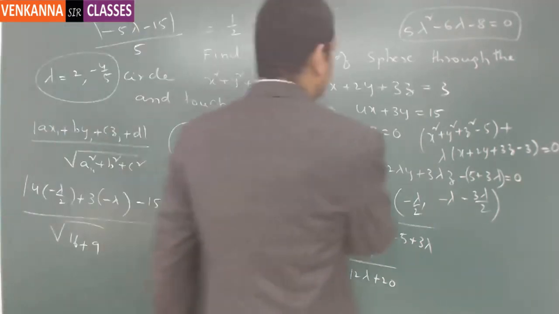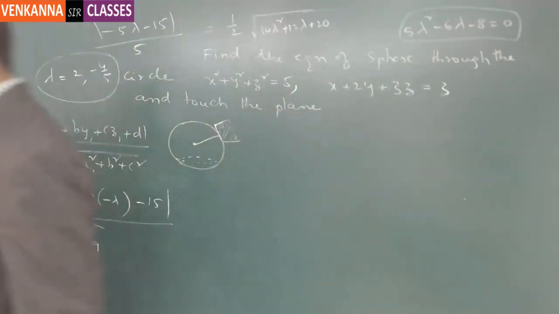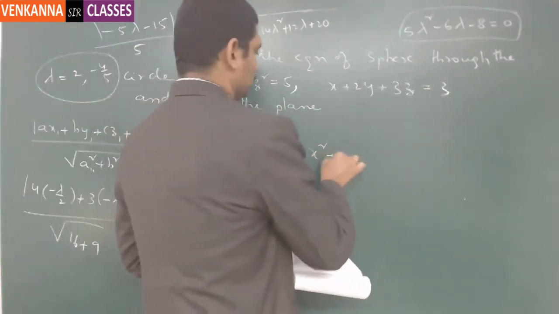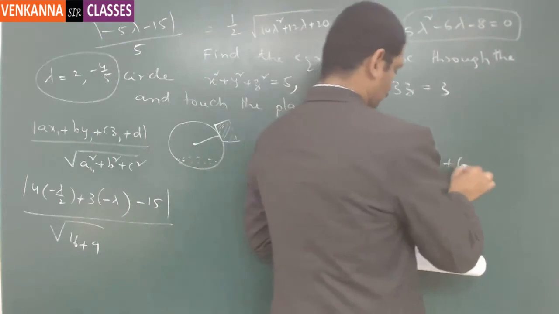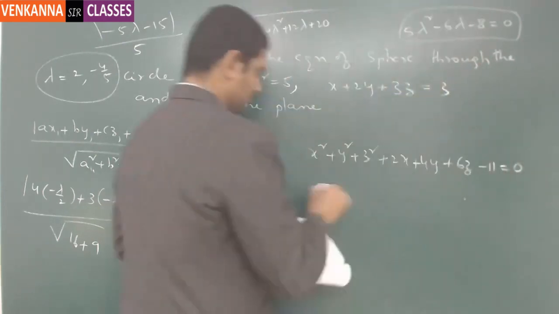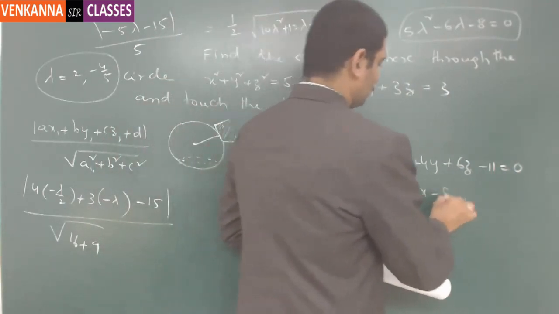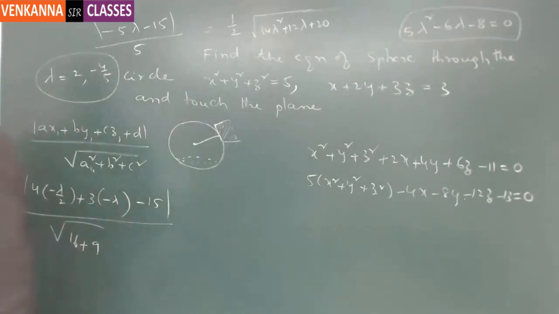So these are the two sphere equations which we will get by substituting lambda equal to 2 as well as minus 4 by 5.